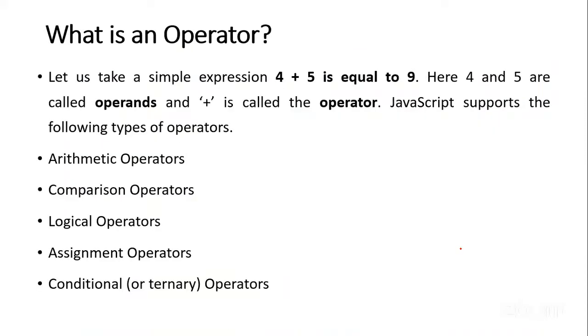Then, what is an operator? What is an operand? And what is an expression? Coming to the first one, operator. An operator is a symbol that is used to perform a particular task. For example, plus is a symbol that is used to perform the addition operation.